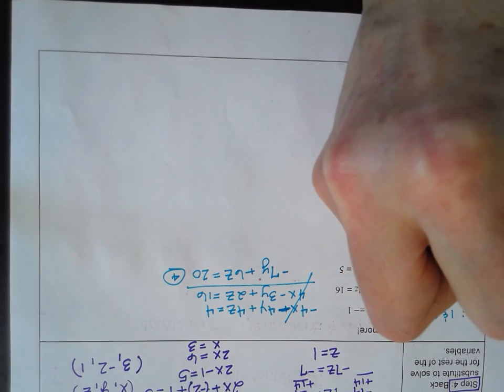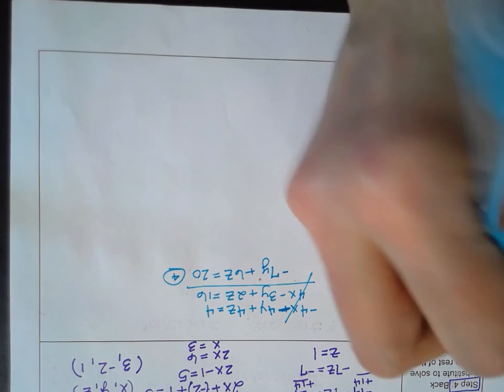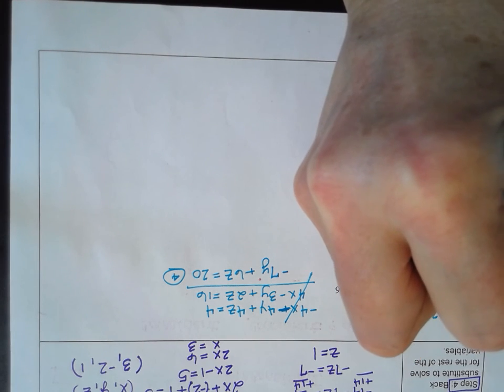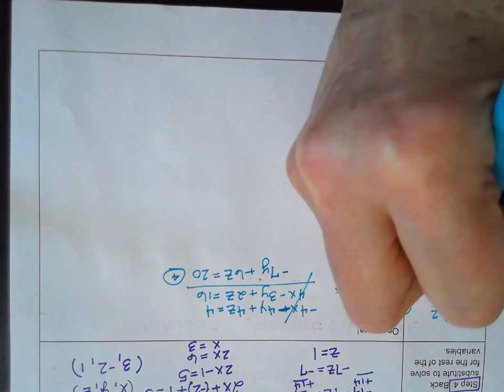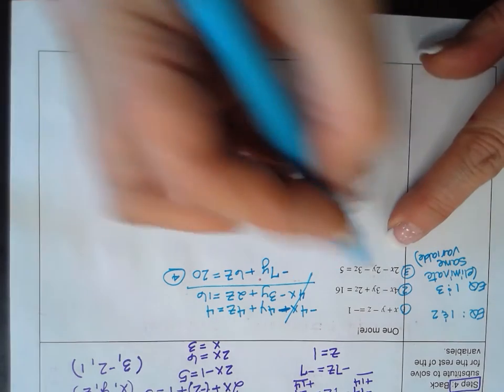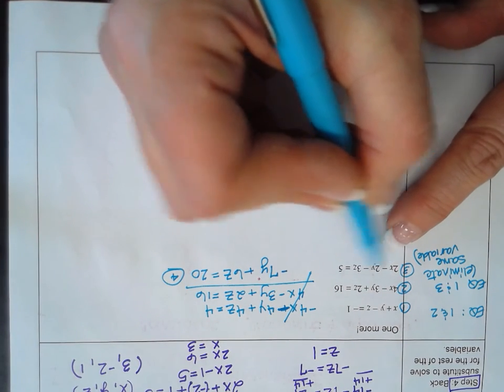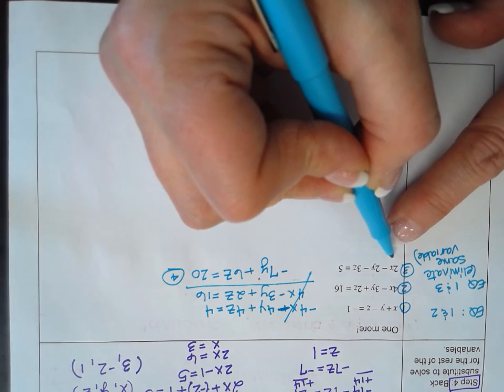Okay? Now I'm going to do equation 1 and 3. Remember to eliminate the same variable. Since we eliminated x in the first one, I need to eliminate x in the second one.